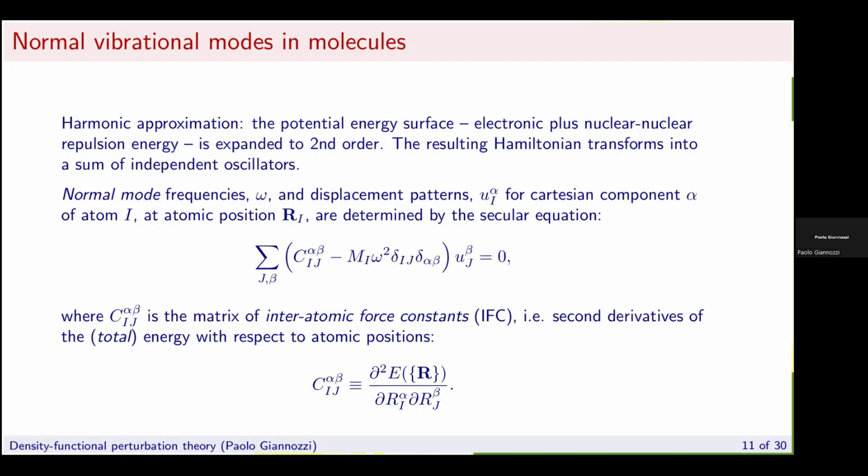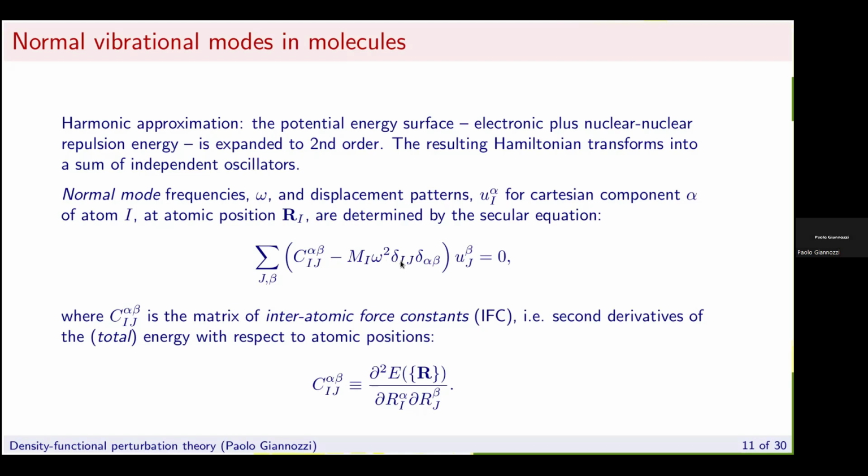We have to write down the matrix. We have to compute the matrix of interatomic force constants, that are second derivatives of the energy with respect to nuclear positions, and to diagonalize it, to solve a secular equation in which this matrix of force constants is diagonalized with the mass matrix as overlap matrix.